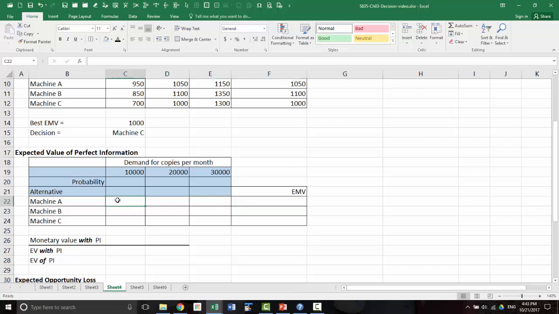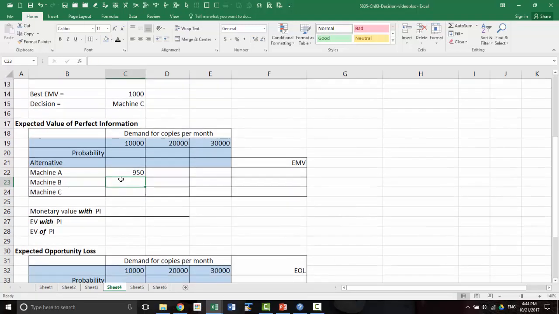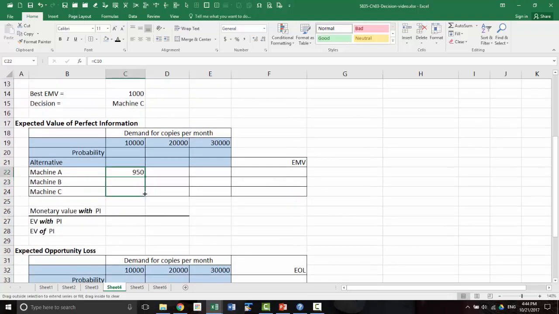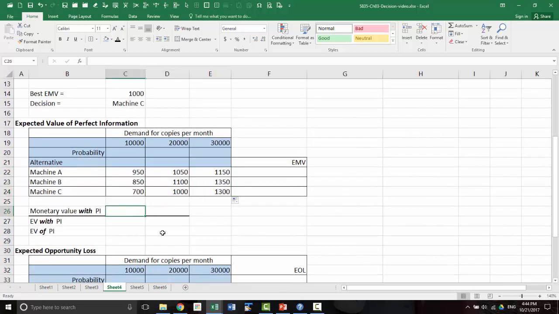All right, so now let's populate the costs. Okay. So the best EMV is this, but what would be the EMV with perfect information?